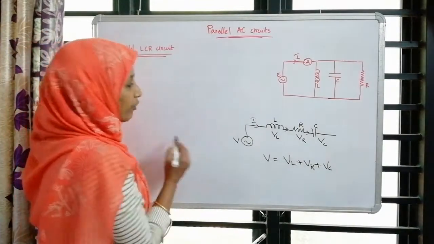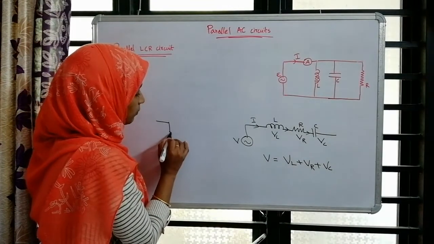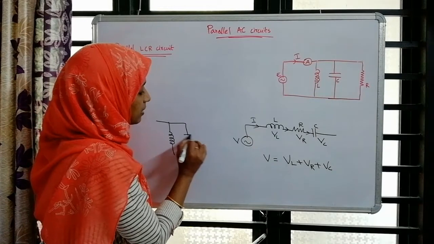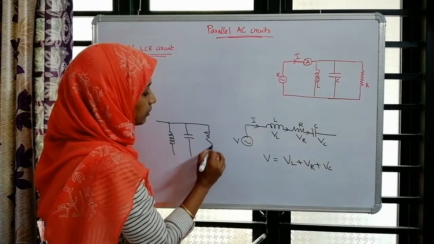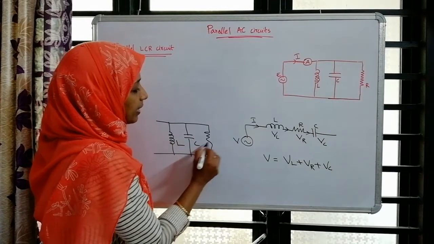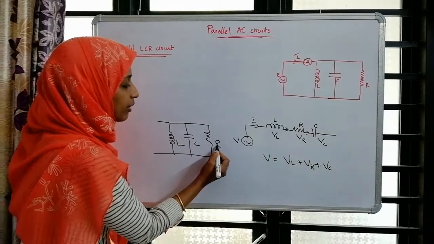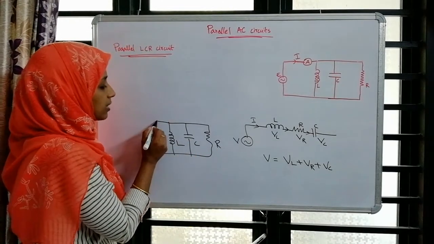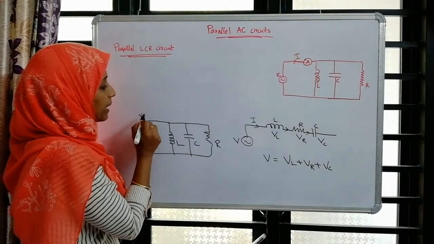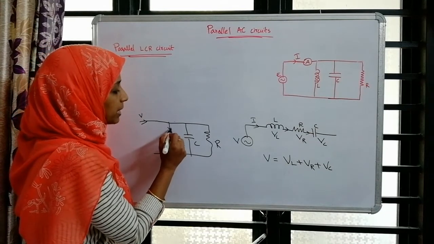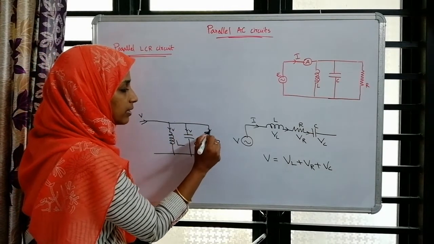But in the case of a parallel LCR or any parallel circuit, the voltage across all of them will be the same.